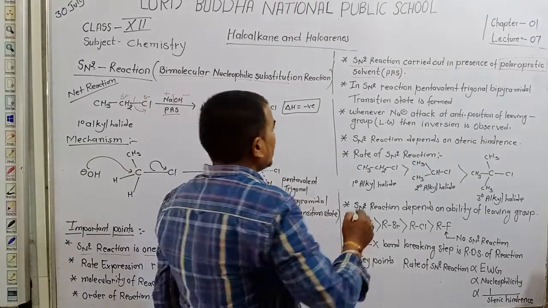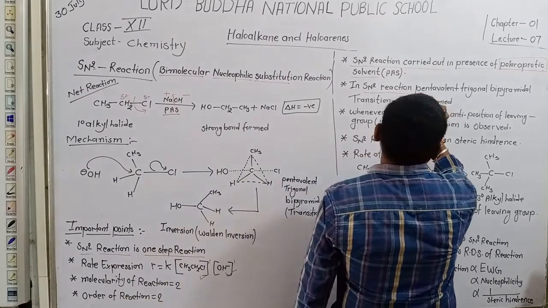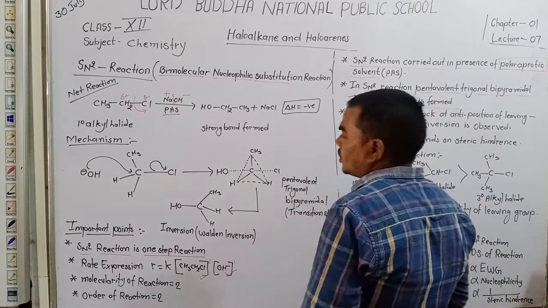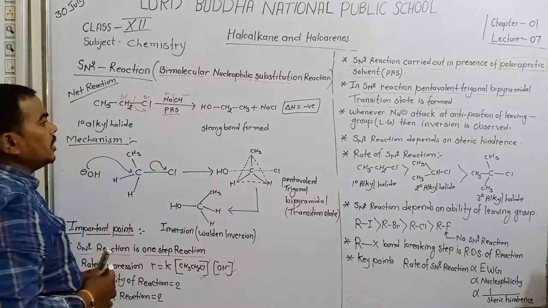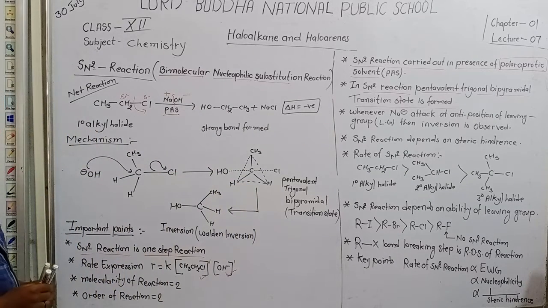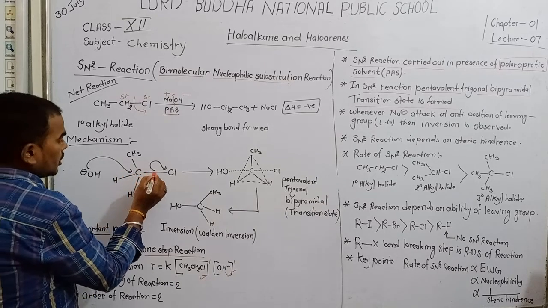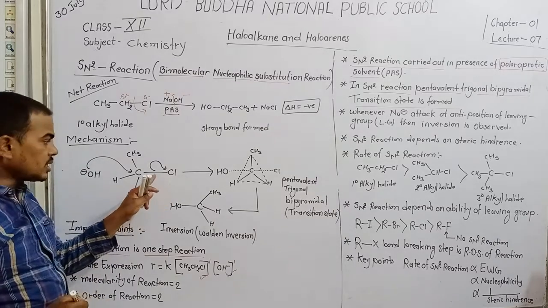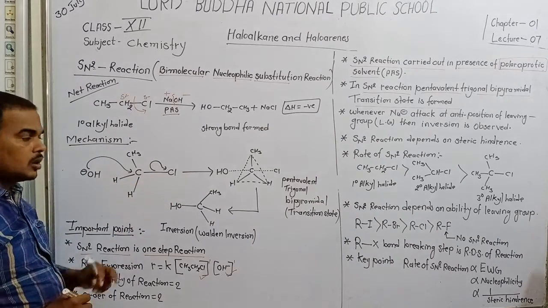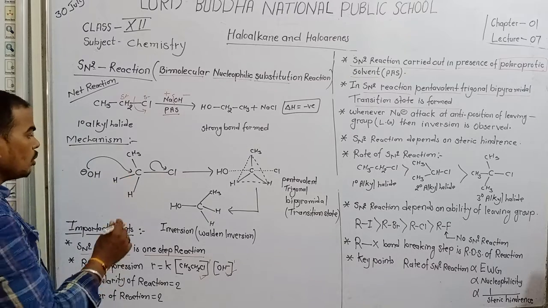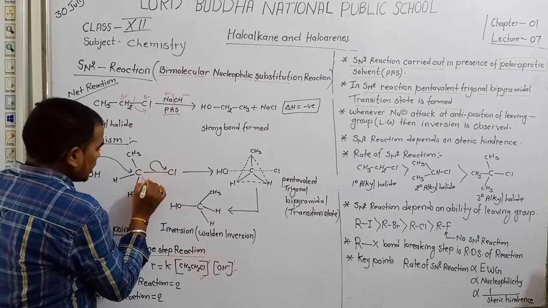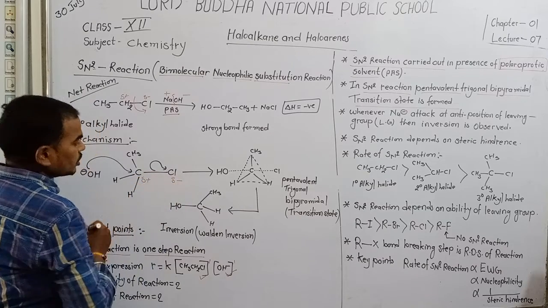Okay, in the SN2 reaction, a pentavalent trigonal bipyramidal transition state is formed. Dear students, when the alkyl halide reacts with NaOH, the leaving group, chlorine, leaves from the carbon. When chlorine leaves, electron density decreases at the carbon and increases on the chlorine.